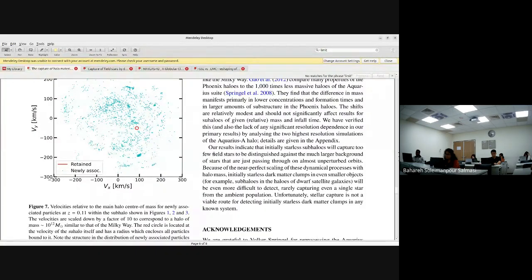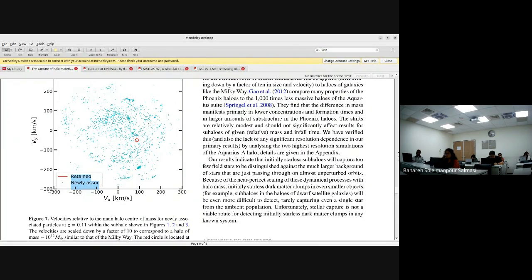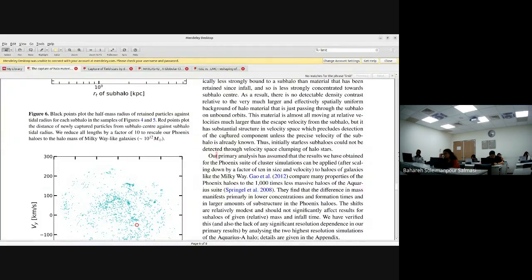So you can have a region showing how many particles inside can be permanently captured by this subhalo. And the cyan dot is newly associated. So basically, not many particles can be permanently captured by this subhalo, because the velocity is too high. So I guess that's it.